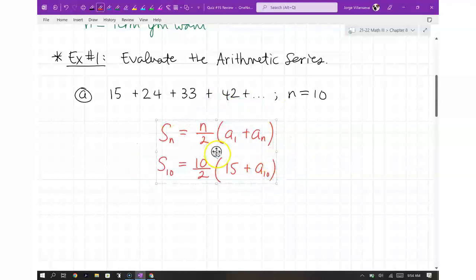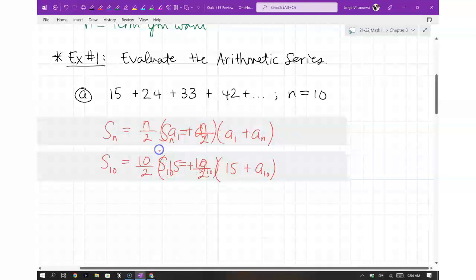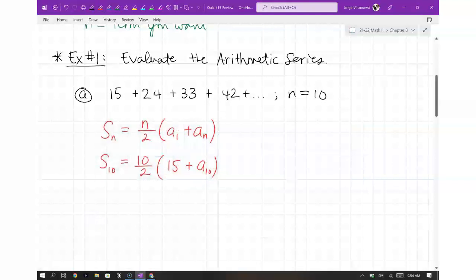Okay, hold on. I'm just going to move this over to the side. So to find that term, I'm going to use my term finder equation, right? So remember, my term finder equation is a sub n equal to a sub 1 plus d times n minus 1. Okay, so I want a sub 10. Well, a sub 10 is equal to a sub 1, which is 15, plus d.